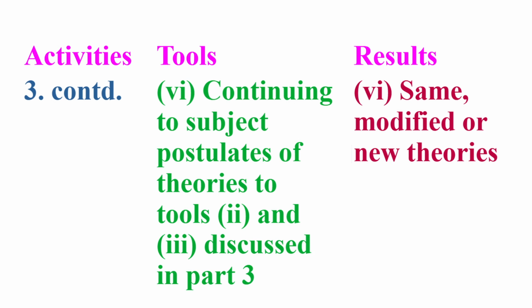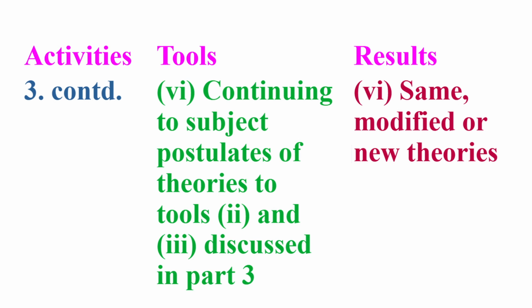Whether the old theory gets supported or a modified or new theory gets framed, it continues to be subjected to tools 2 and 3 repeatedly. That is, we try to predict more unknown facts and perform experiments to verify the prediction.